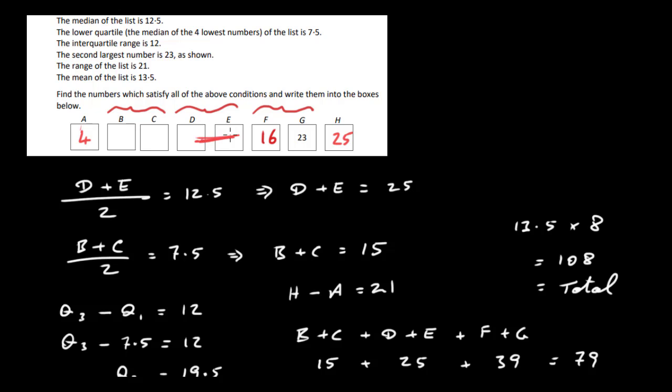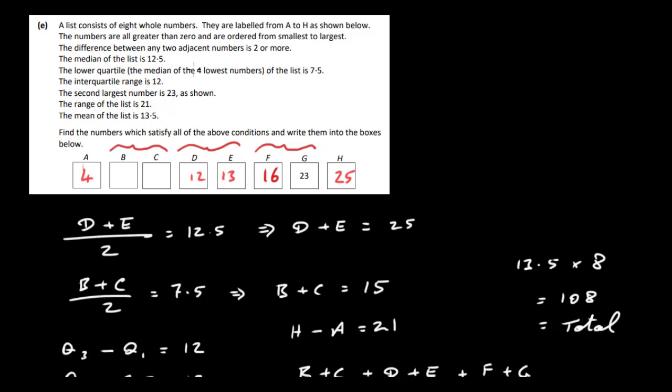Now what I'm going to do is just have a look at these two first, D and E. I know that D and E add to give 25. So let's pick the two numbers in the middle. Let's take 12 and 13. 12 and 13 will give me 25. But it says up here as well that two adjacent numbers cannot be less than 2 apart.